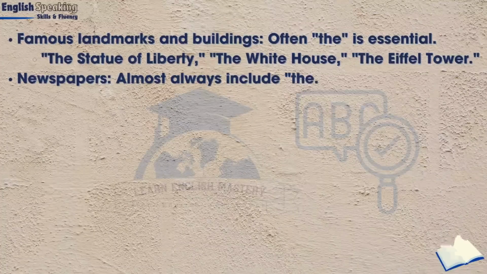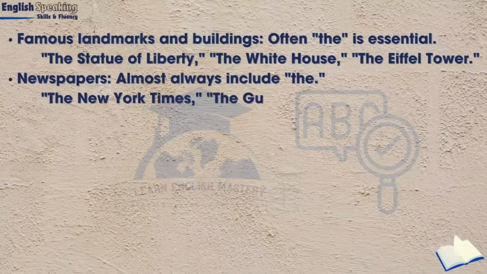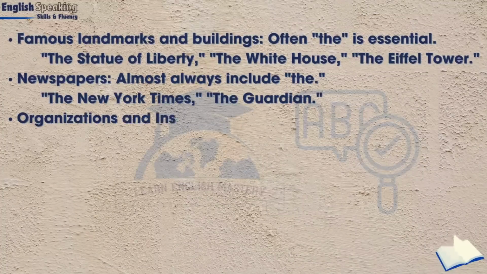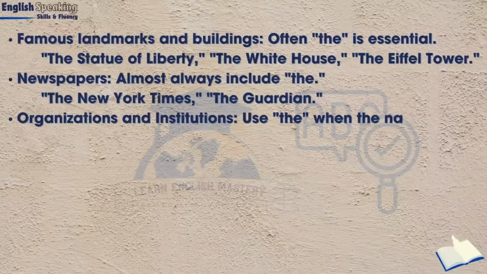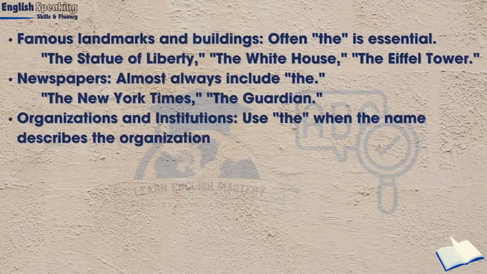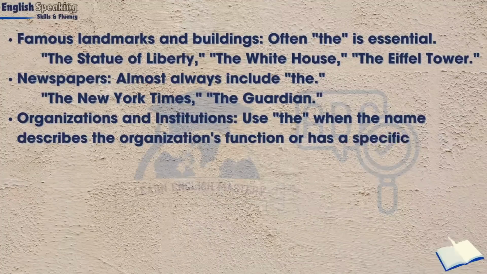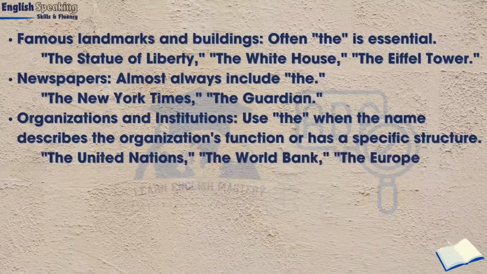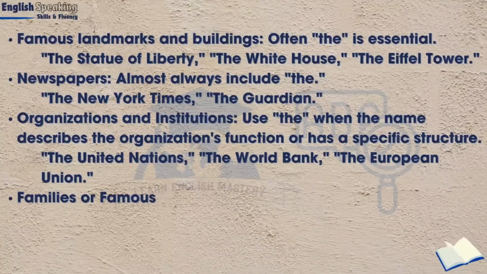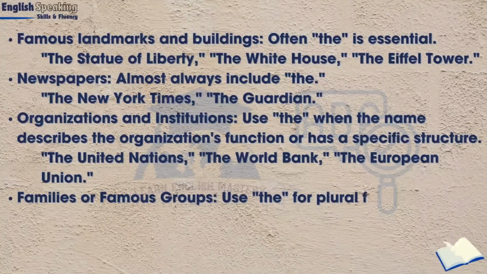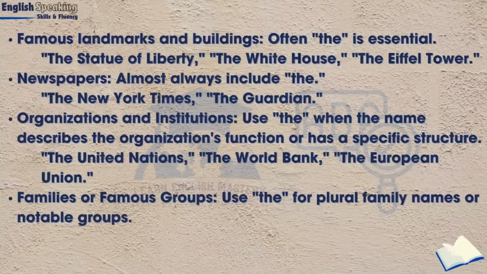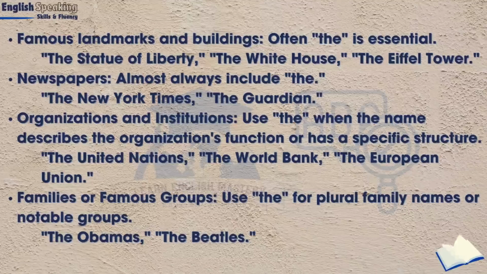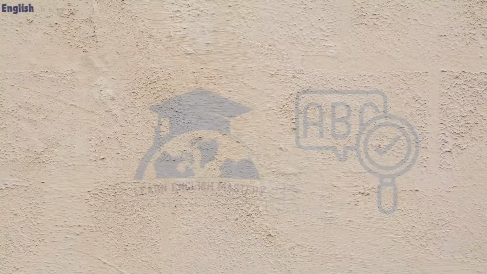Newspapers almost always include "the": the New York Times, the Guardian. Organizations and institutions: use "the" when the name describes the organization's function or has a specific structure: the United Nations, the World Bank, the European Union. Families or famous groups: use "the" for plural family names or notable groups: the Obamas, the Beatles. 2.